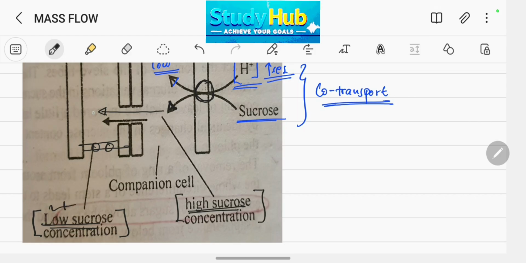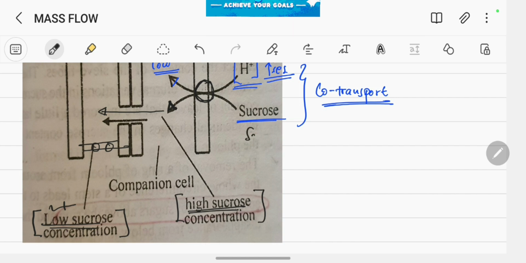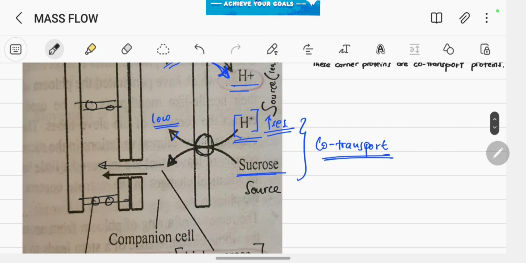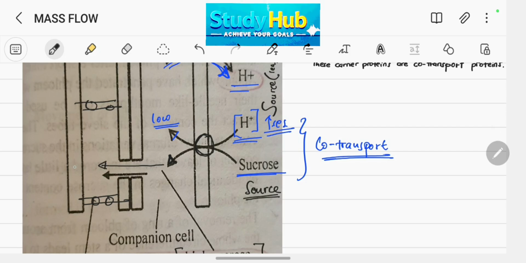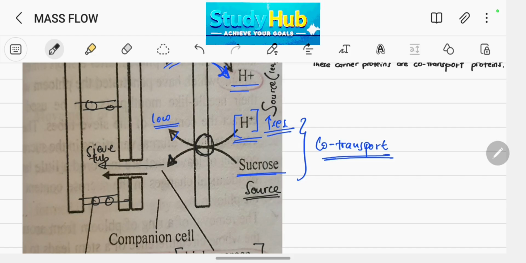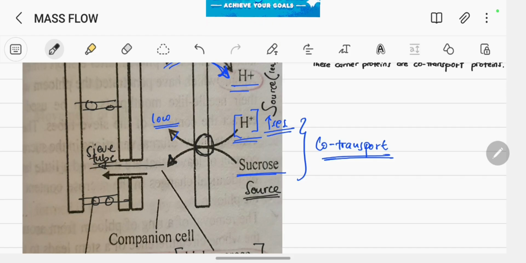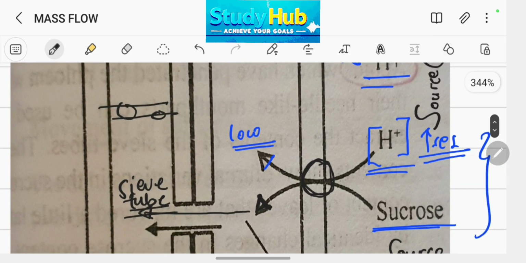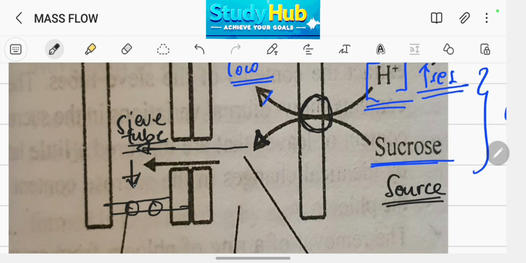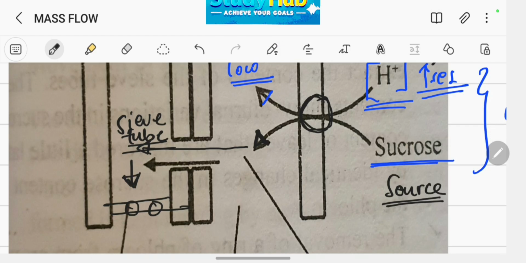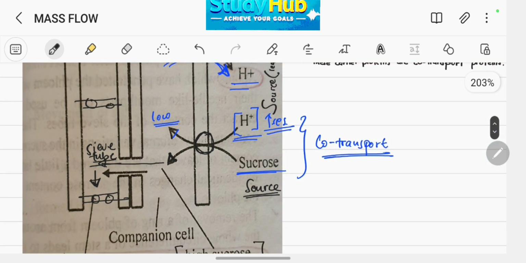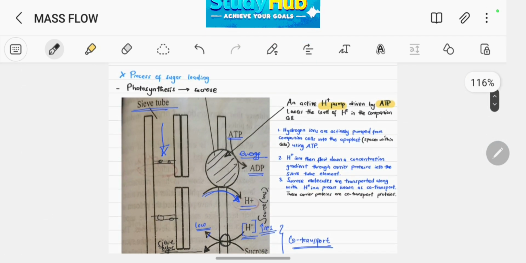So you end up having sucrose moving from the cells that are manufacturing it to the sieve tube cells, like this. As sucrose starts accumulating within the sieve tube cells, it will start flowing down. This process of moving down till the roots is what we are going to look into next. So this is the process.